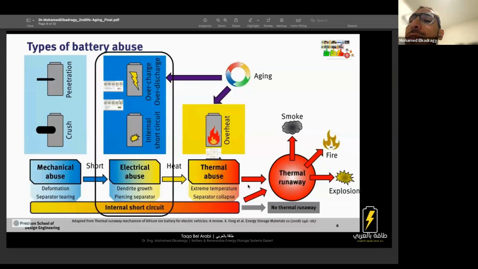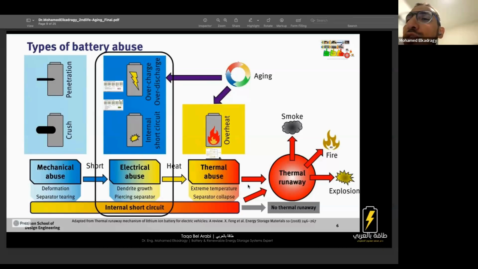And then this all gets us to thermal runaway, and it's important to understand that it's not only fire. We have three main components in thermal runaway: smoke, fire, and explosion. People may think that fire is the most dangerous thing, but from my perspective, it's always the smoke.